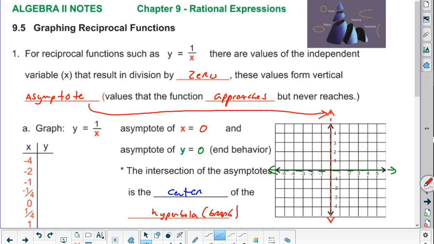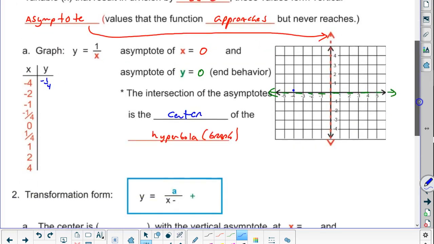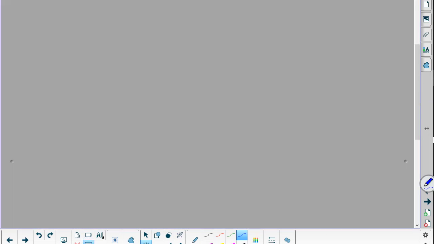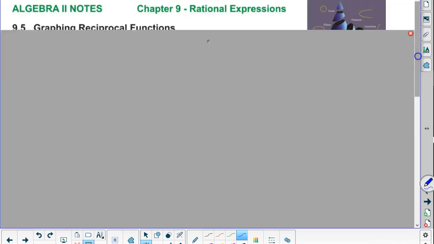All right, so we're going to go through just an XY chart here. I'm starting here in the negative territory. You stick in -4, you get -1/4. So when x is -4, we're at -1/4. Somewhere about right there. Let me go higher for you guys.